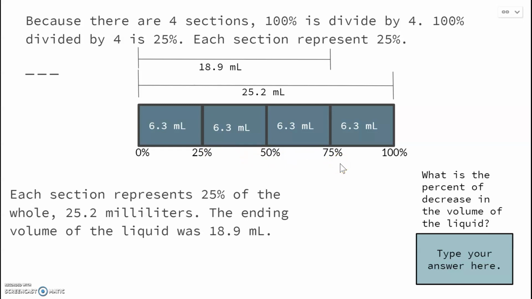Then we have to figure out how many of those equals the 18.9. Well, it's 3. If I do 6.3 plus 6.3 plus 6.3, I get to 18.9. So each section represents 25% of the whole, 25.2 milliliters. The ending volume of the liquid was 18.9 milliliters. What is the percent decrease in the volume of liquid? Well, we went down one whole section, so it decreased by 25%.